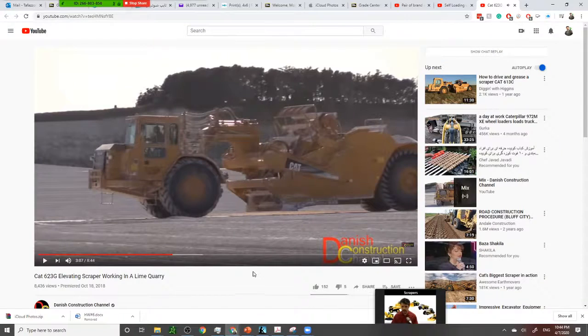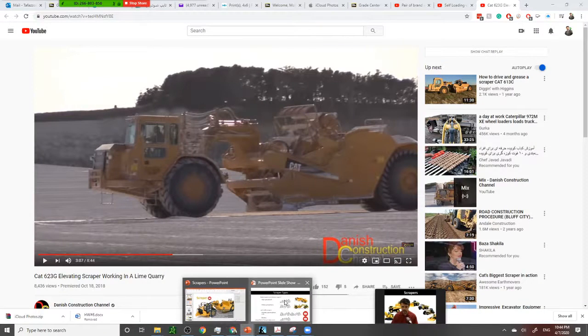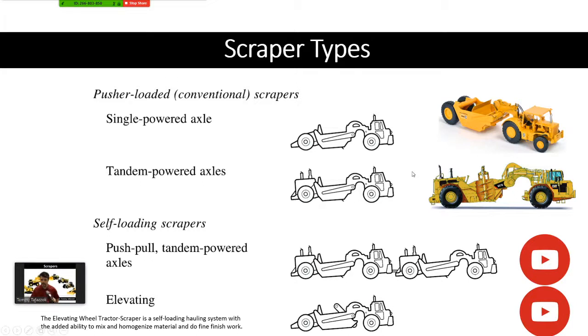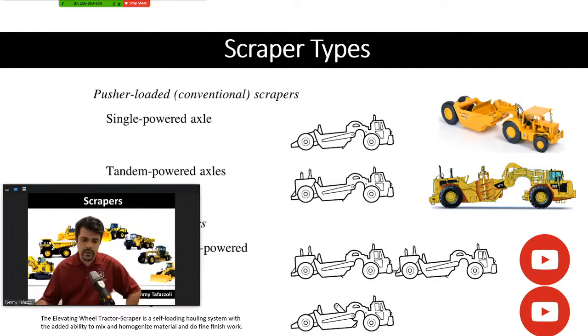Okay, so you got some understanding so far about different types of scraper and how we could attach two of them to increase their capacity and increase the production rate of the job. There are some advantages of that.